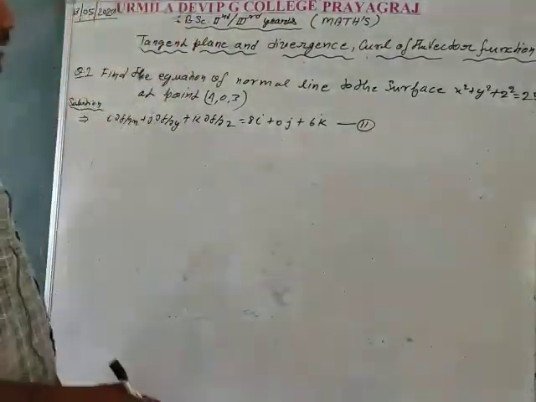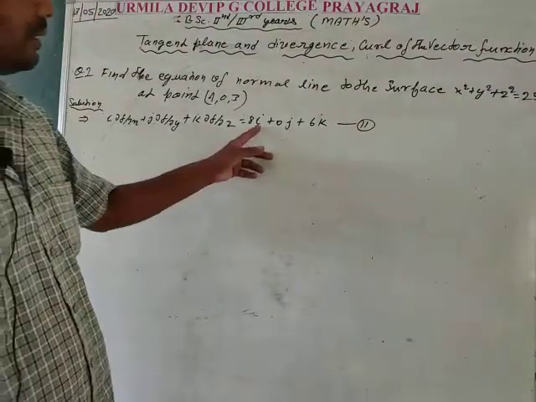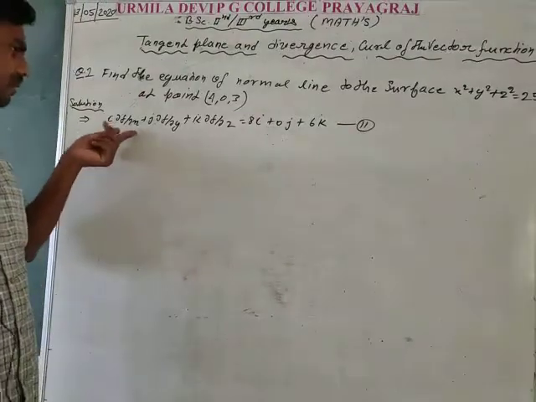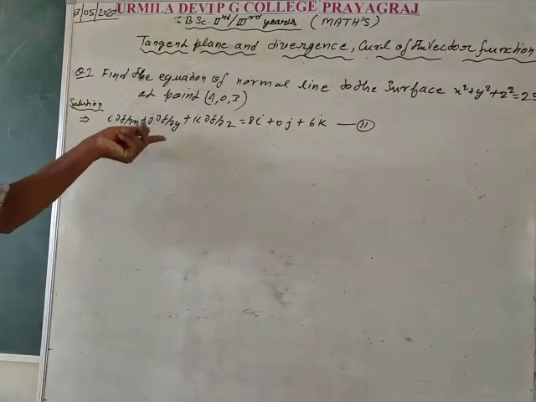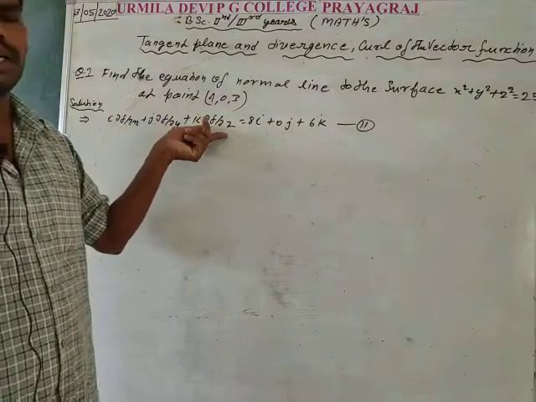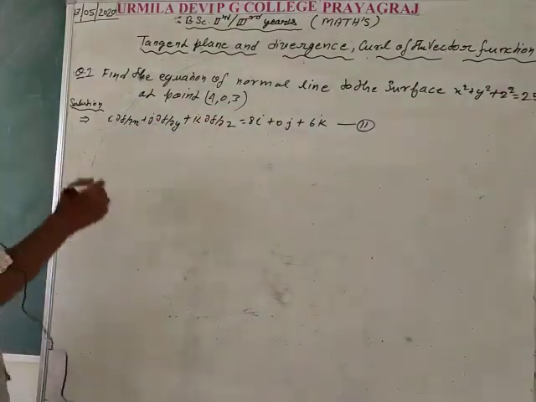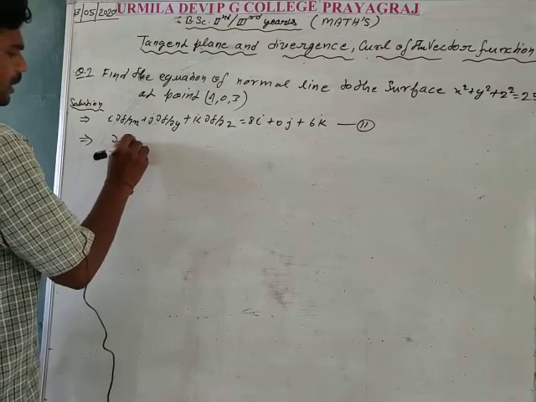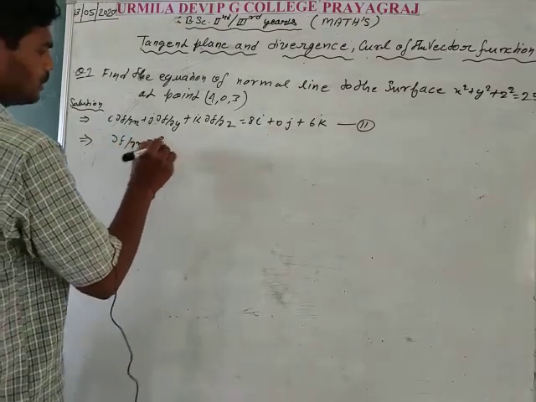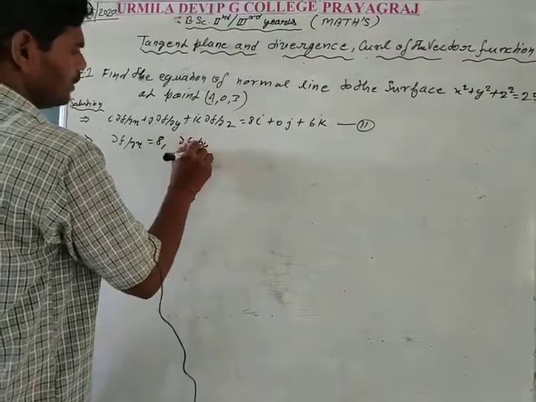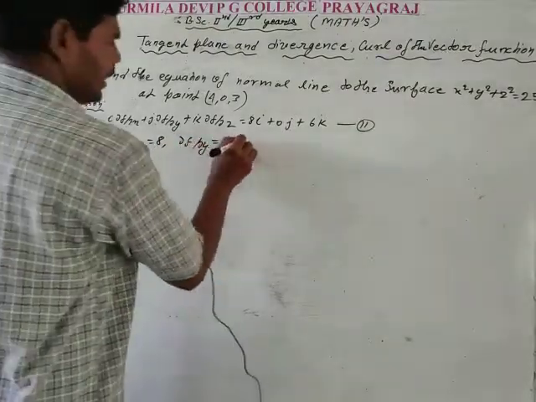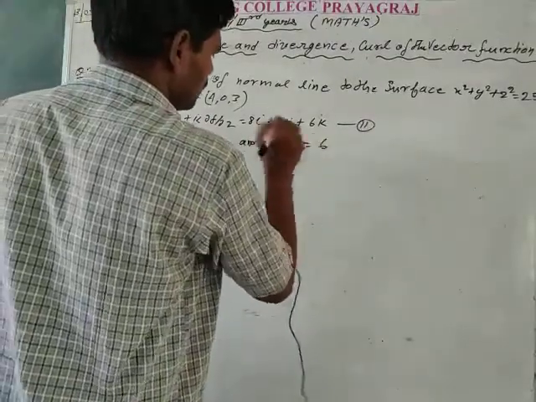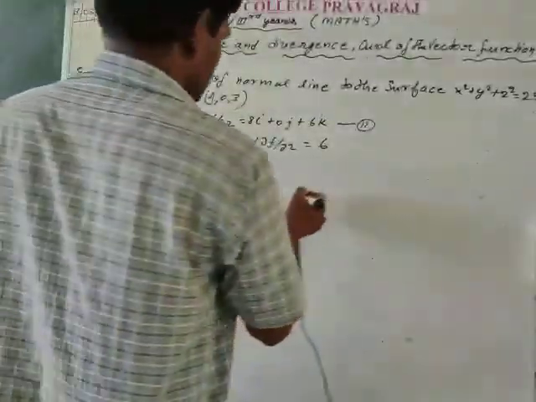Comparing the coefficients of i, j and k on both sides, we find the values of del f by del x, del f by del y and del f by del z. So we can write directly del f by del x is equal to 8, del f by del y is equal to 0, and at last del f by del z is equal to 6.